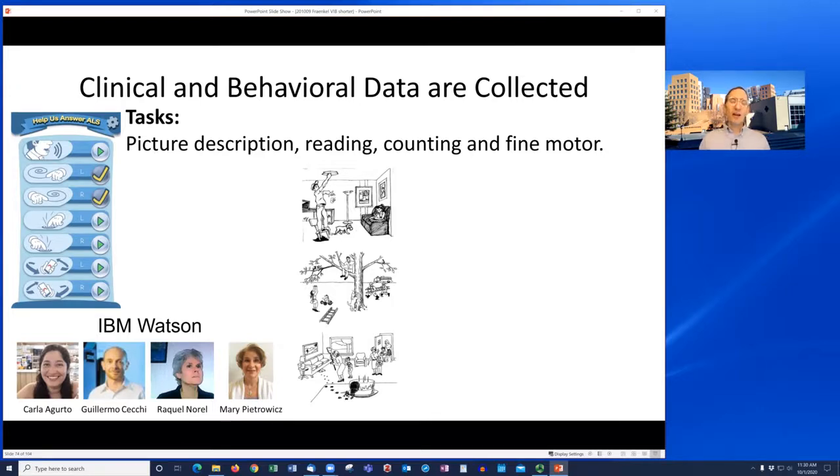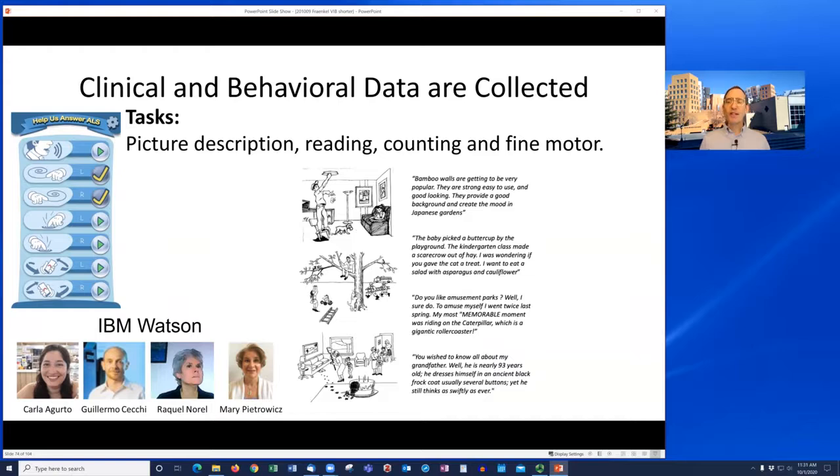And the IBM Watson team shown in the lower left have been analyzing those data and can actually identify certain cognitive changes in the patients based on how complex their descriptions are and other features. Then we also collect some standard reading passages to measure their ability to speak. And we have some fine motor skill tests as well.